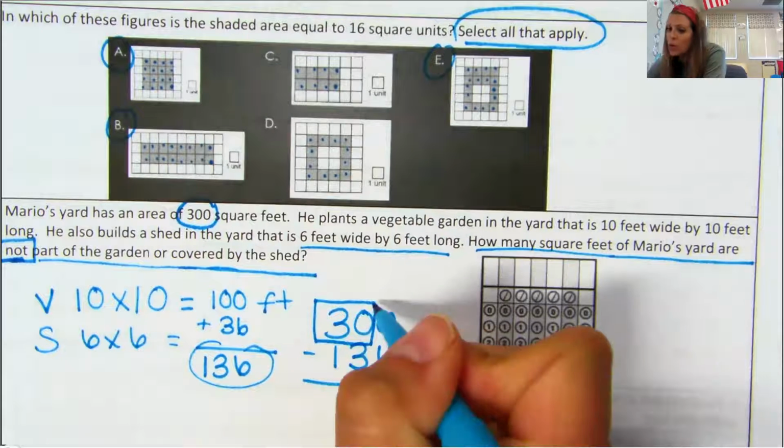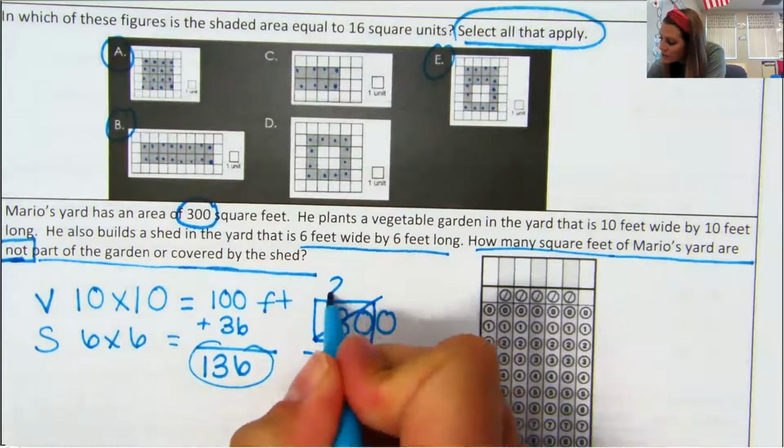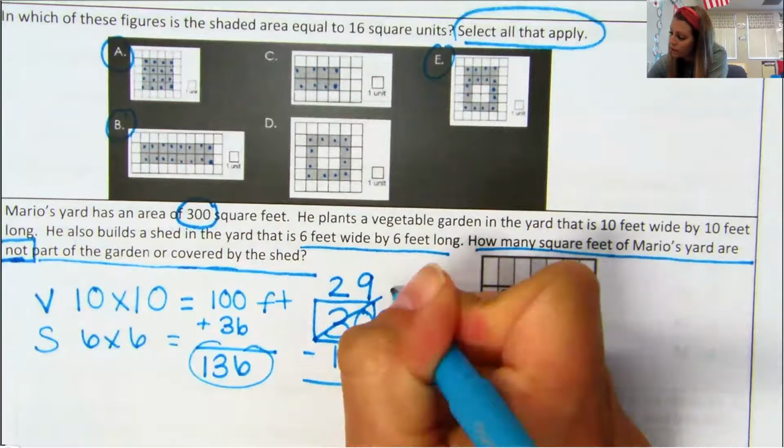So if we took 1 ten away from 30, what comes before 30? 29, right? And then we still have that 10 that we're going to put over here.